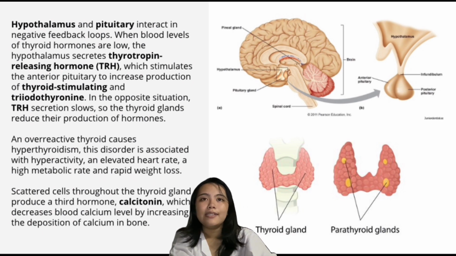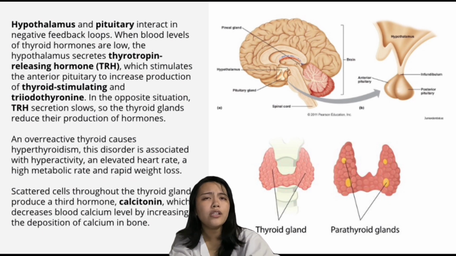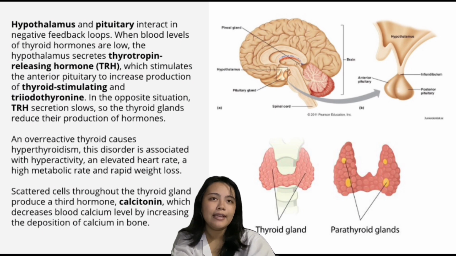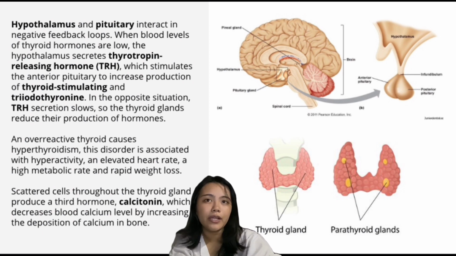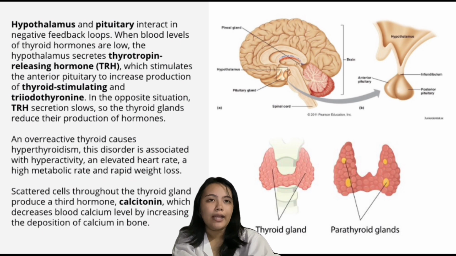What really is the thyrotropin-releasing hormone or TRH? TRH is a hormone produced by the hypothalamus, a region of the brain located just above the pituitary gland. TRH plays a crucial role in regulating the release of thyroid-stimulating hormone or TSH from the anterior pituitary gland.